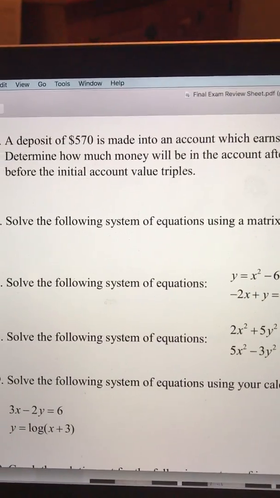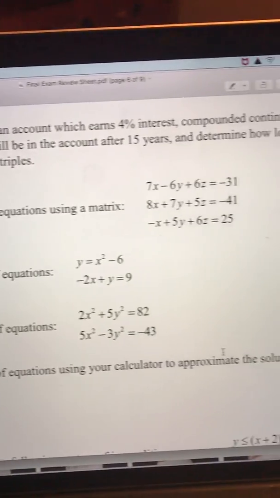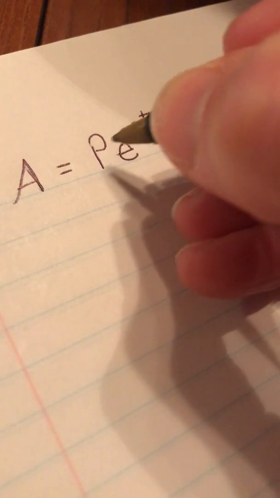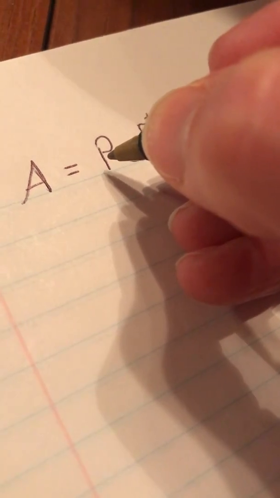All right, so this is compound interest, compounded continuously, and that's the formula: future amount equals the present amount or principal times e to the rt, where t is time in years, r is your rate as a decimal, P is your present amount, principal, or amount deposited or borrowed, and A is your future amount.